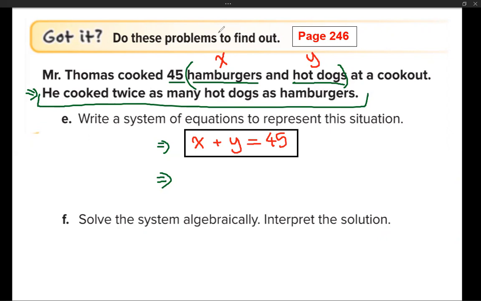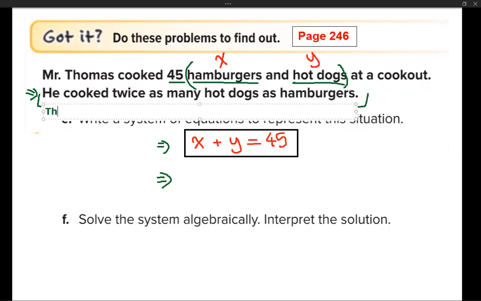Okay, for those who have difficulty understanding this, we can rewrite this statement by saying: the number of hot dogs is twice the number of hamburgers.